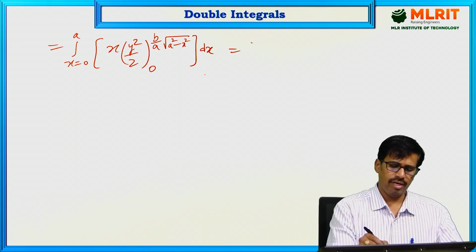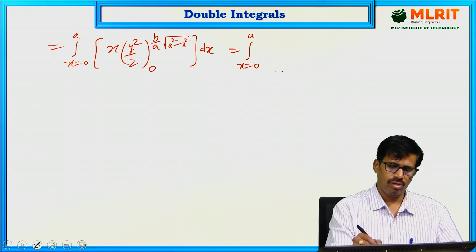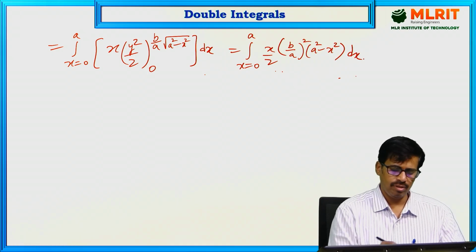So this can be written as x is equal to 0 to a, x by 2 into, in place of y write the upper limit, b by a whole square into a square minus x square dx, right?